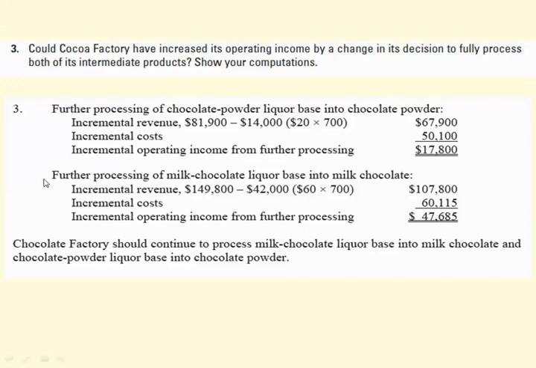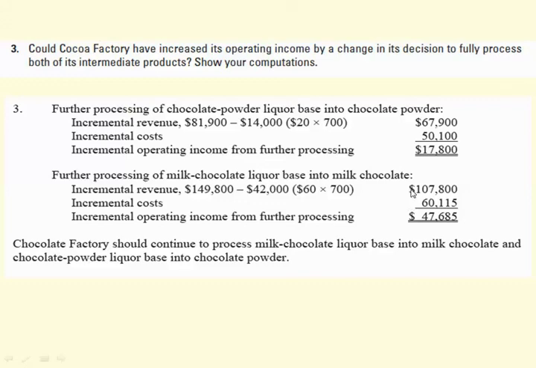For the second intermediate product, further processing of milk chocolate liquid base into milk chocolate, incremental revenues are 149,800 minus 42,000, which will result in 107,800. Incremental cost of the second intermediate product is its separable cost, 60,115.